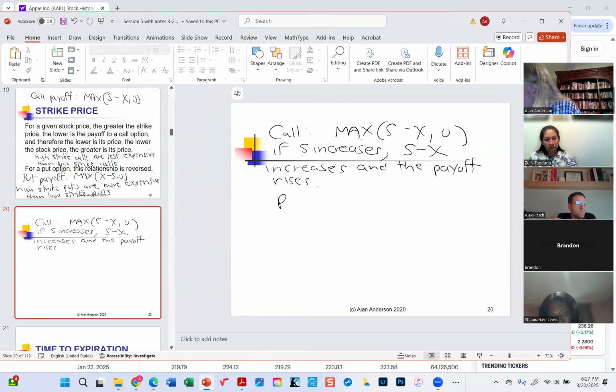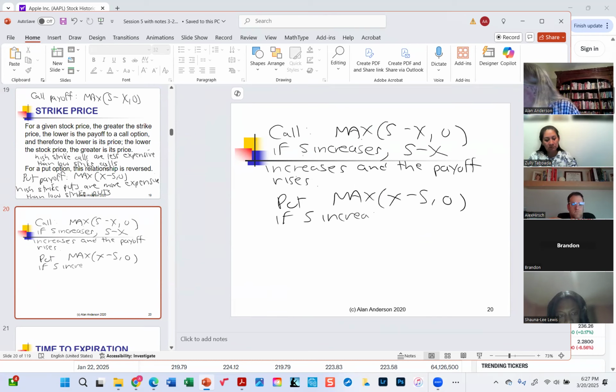Okay, with a put, since we're subtracting S, if S increases, subtracting a larger number, X minus S decreases and the payoff falls.